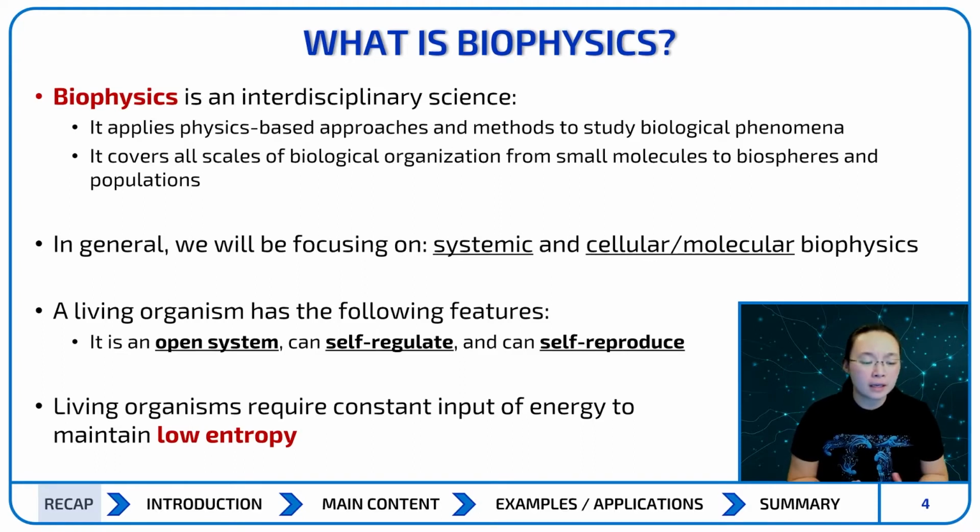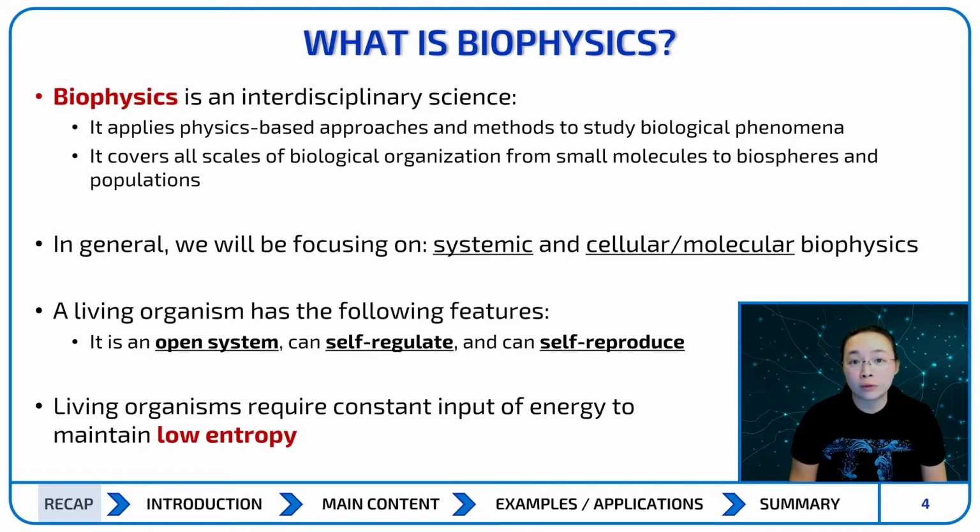It covers all the scales of biological organization, from the atomic and molecular scale, to cells, to organisms, and then to biospheres and populations. It's just a matter of how you approach each of those problems with a different physical perspective.